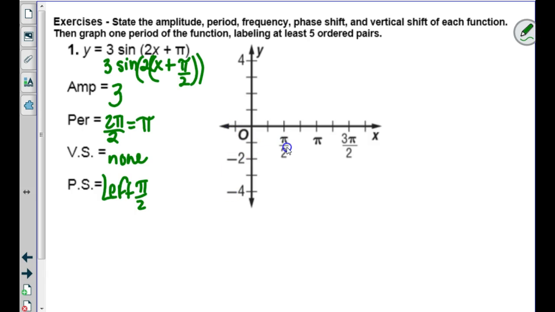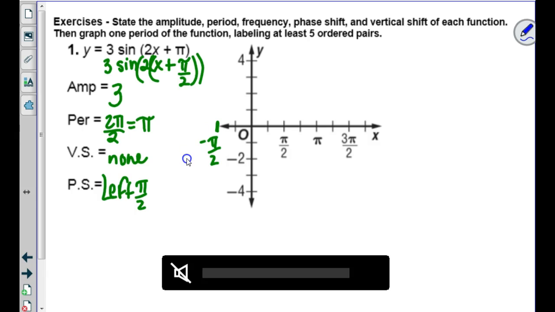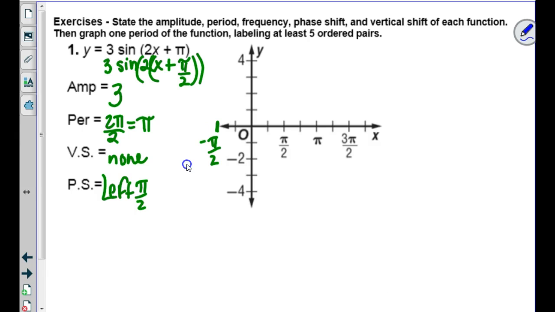So they've labeled this for us, which kind of makes it a pain in the neck. I told you, didn't I, on the quiz, I just gave you blank space. You can draw it however you want, okay? I'm going to attempt to use theirs. If this is pi over 2, and it's 2 ticks to the right, and I'm supposed to go to the left pi over 2, I need another tick to the left and call it negative pi over 2. I always start with the midline. Where's our midline?